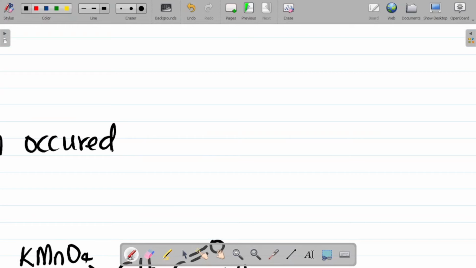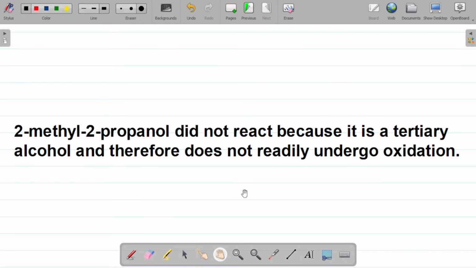Let's give reasons. Your answer is this: 2-methyl-2-propanol did not react because it is a tertiary alcohol and therefore does not readily undergo oxidation. Please take note that tertiary alcohols do not readily undergo oxidation.